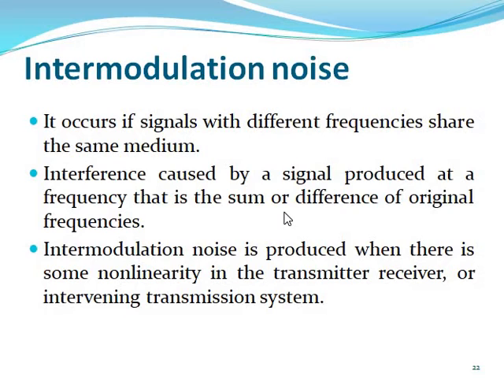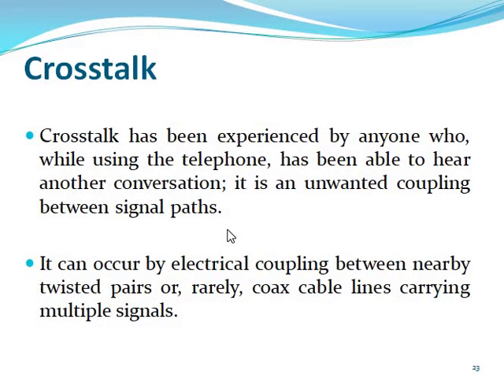It means the frequency has changed from the transmitter or receiver. That time you have intermodulation noise, or any other linear or non-linear frequency is produced at the transmitter and receiver. That time you can find intermodulation noise. So this is one noise.